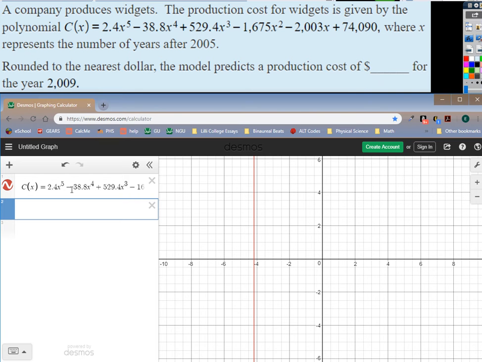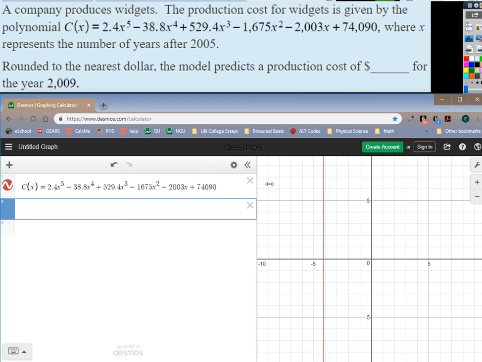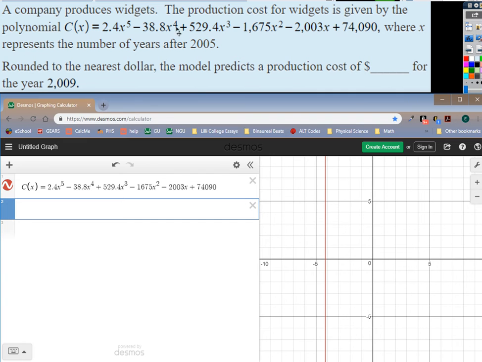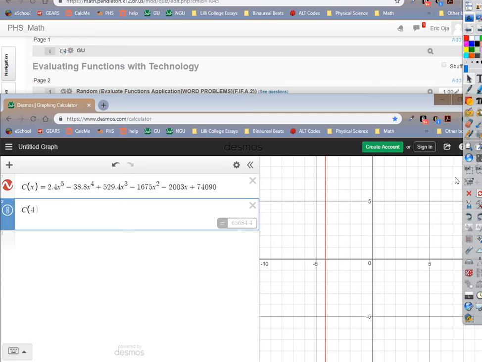So here's my function. There's the function. I just transcribed that. There it is, C of x. What would I do to get the answer? I'm going to evaluate the function at x equals 4. So I'm just going to do C of 4. And so my answer is, you can see down there, let me take a picture of this.